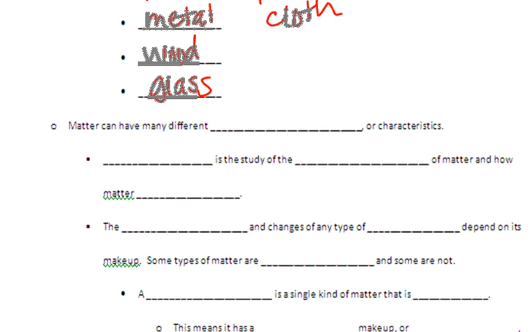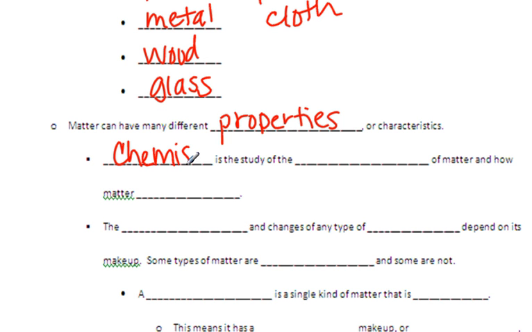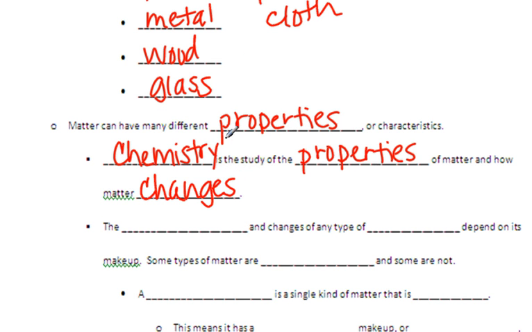So matter can have many different properties or characteristics. Chemistry is the study of the properties of matter and how matter changes. And that's exactly the type of science that we're studying right now.